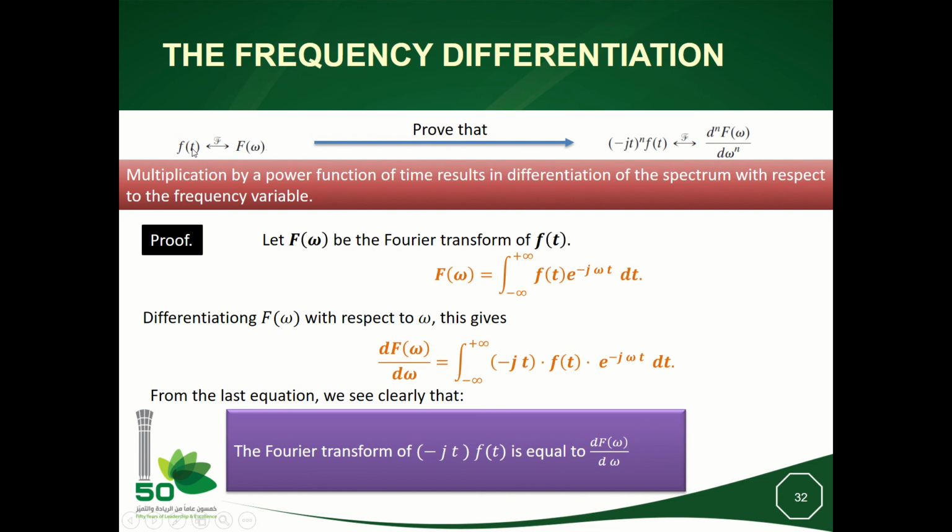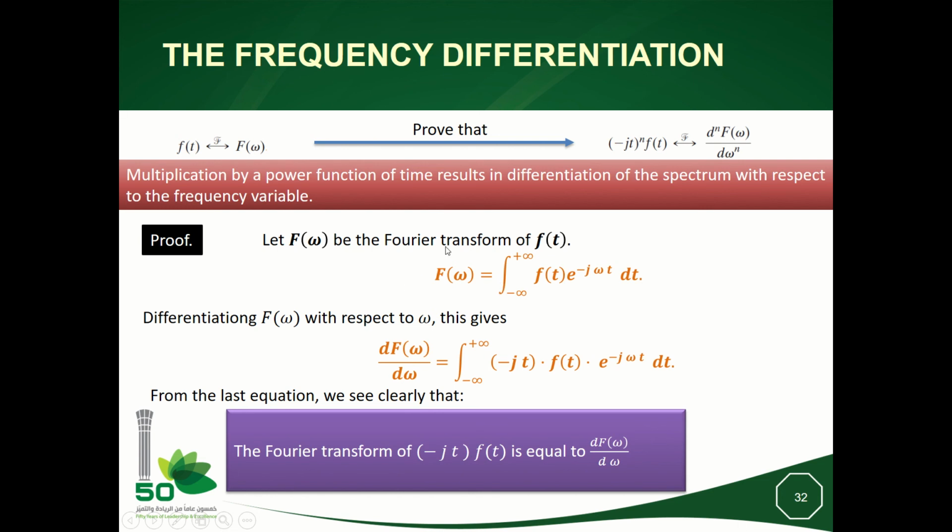So we start first from the usual definition of the Fourier transform, and our final objective is to prove that if I multiply a function f(t) in time by a polynomial function minus jt to the power n, which could be real or complex depending on n, this will result in a differentiation of the spectrum with respect to omega. The proof of this result is very easy.